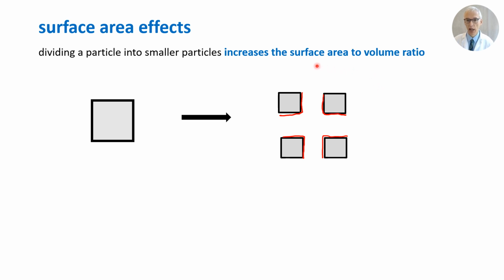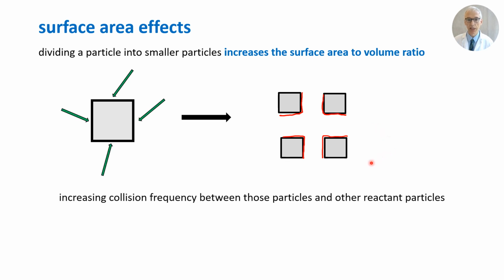So there's a large increase in surface area compared to a fixed volume when you divide a large particle into smaller particles. So what does that mean for collision theory? Well, we have available a certain surface area on the left for collision with other reactant particles.